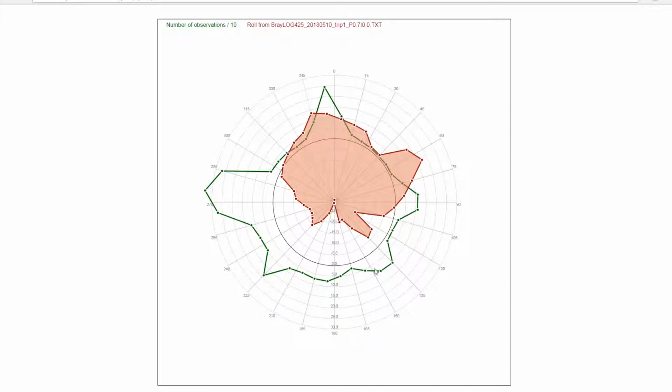So following this line round, basically the average roll angle for this 75 degree bin was 10 degrees to starboard.